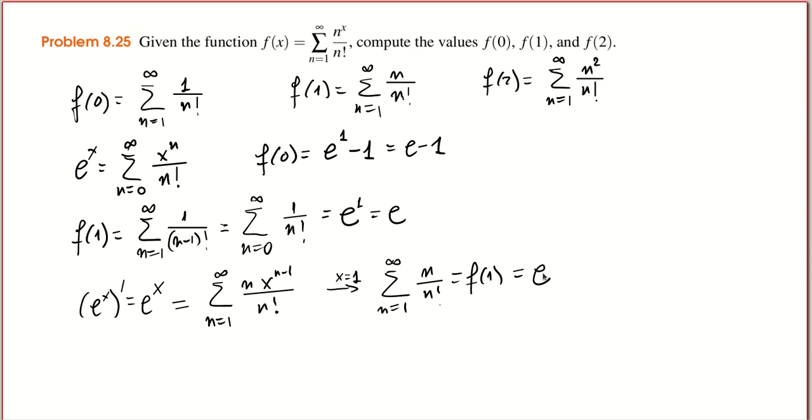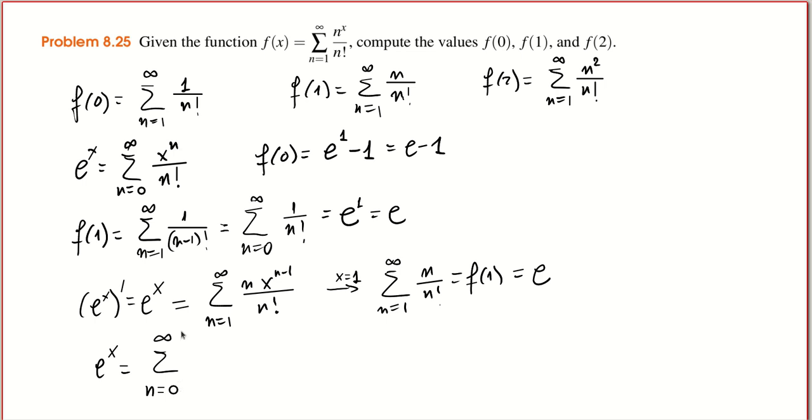But this way is better if we want to evaluate the second one, because for the second one, we can take this expression here, and we can take a further derivative of this. Actually, first of all, we're going to shift the index 1 unit up here in order to get x to the n here, and then 1 unit down in the limits.